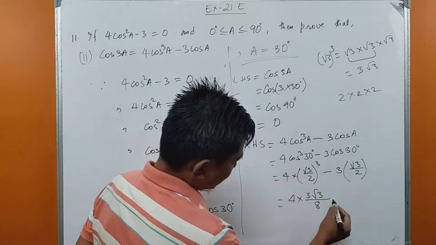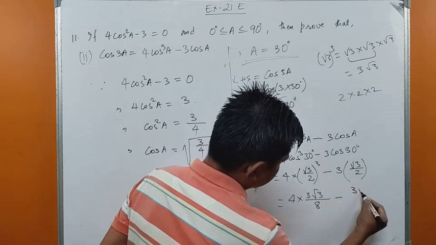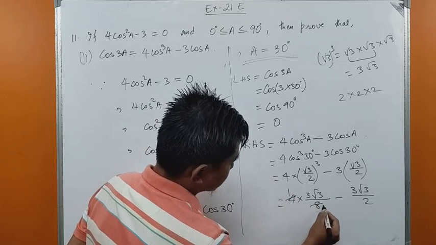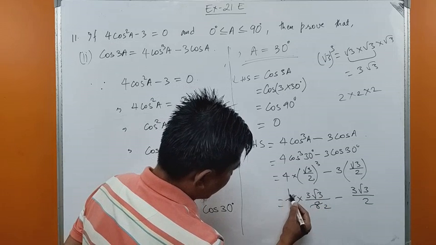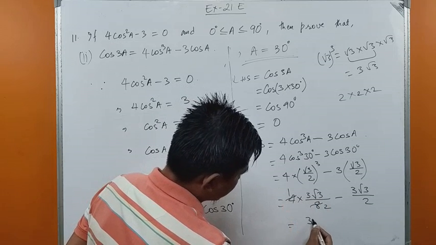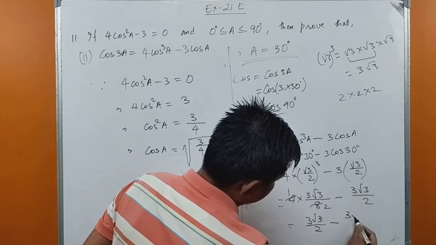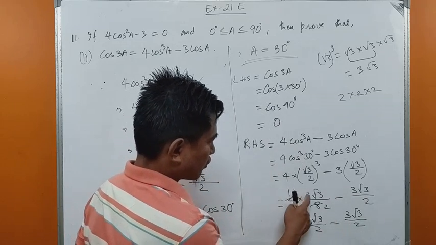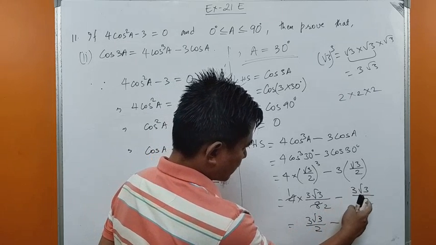Okay, now minus 3 into root 3 upon 2. So 4 times 1 is 4, 4 times 2 is 8. So 1 into 3 root 3, 3 root 3 upon 2 minus 3 root 3 upon 2.